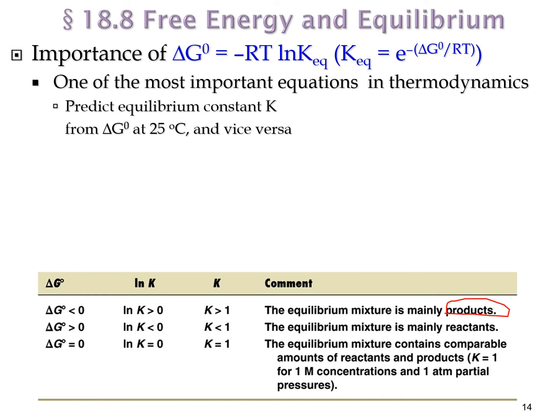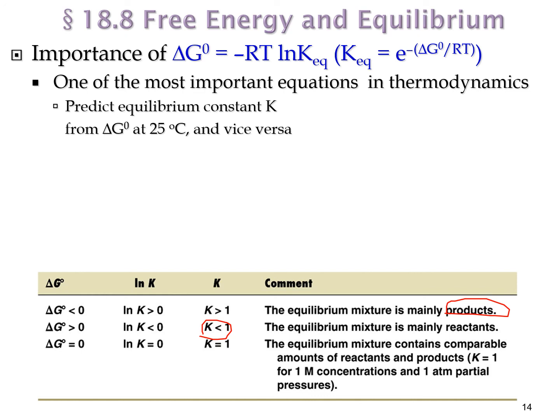And that matches the discussion we had early on in chapter 16, that if K is a larger value, the product is dominant. If K is less than 1, we understand that the reaction is not spontaneous in the forward direction.